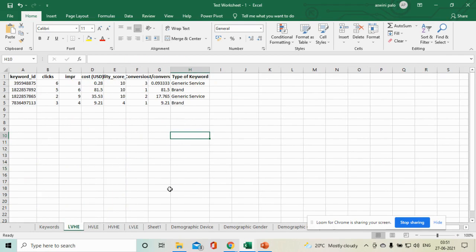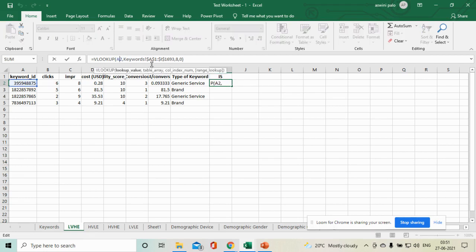Now you tell me what we can do. Interesting. What we need to do here is put something like impression share. Let me copy this and paste it here. Instead of B2, let me put A2.